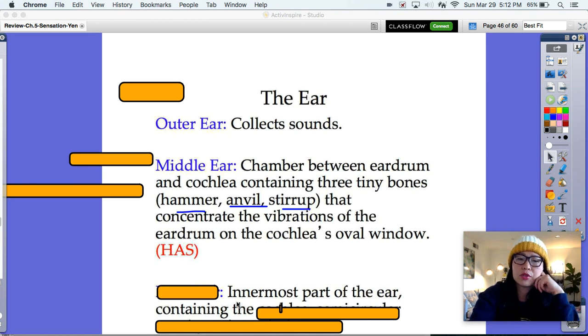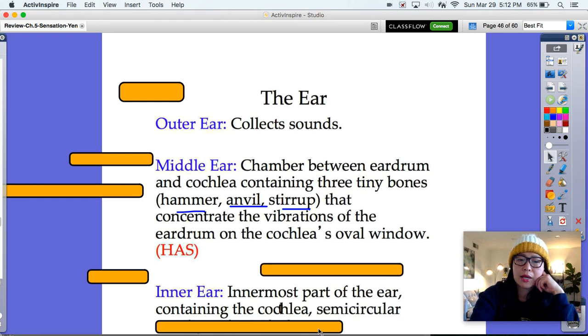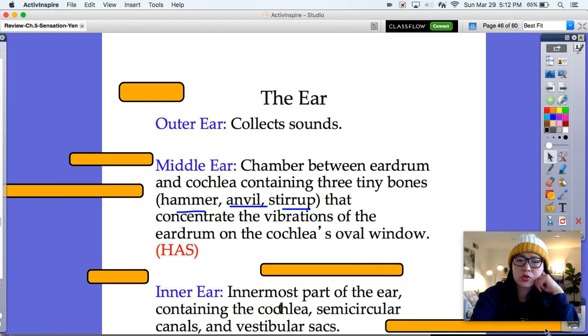Then we have your inner ears, which we also said had an acronym, even though it's not in the same order here. It was CVS. So you have the cochlea, the vestibular sacs, and the semicircular canals.